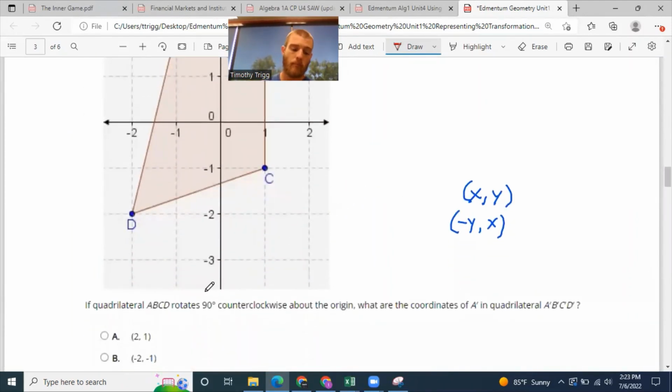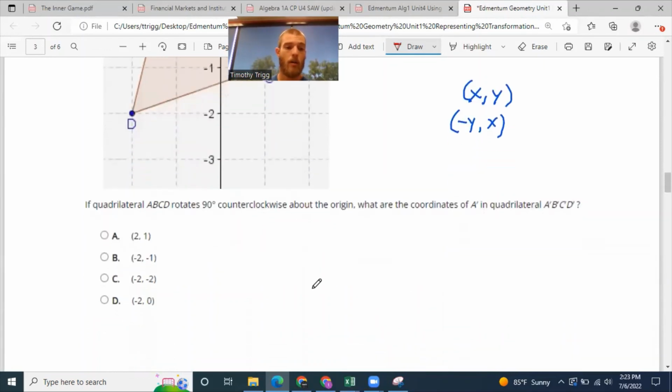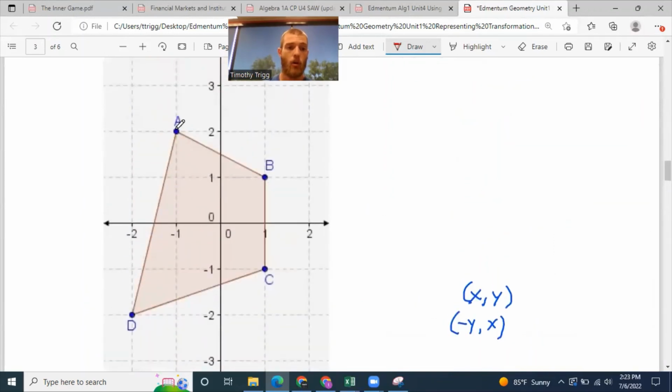Okay. If quadrilateral ABCD rotates 90 degrees counterclockwise about the origin, what are the coordinates of A prime? Okay, so A is currently at -1, 2. Now we want to know what's the coordinates of A prime after you rotate this shape 90 degrees counterclockwise.